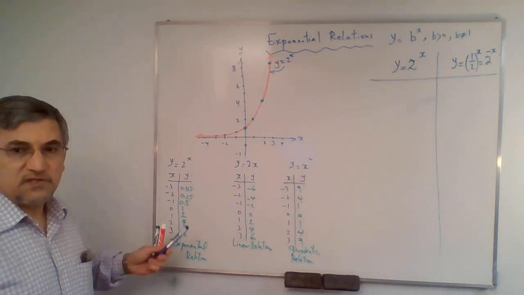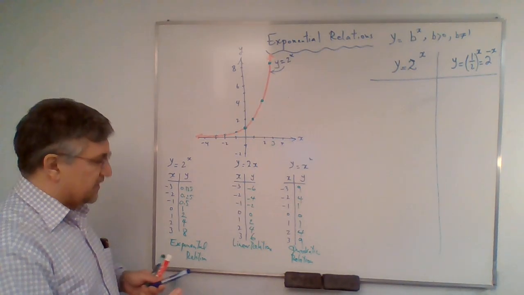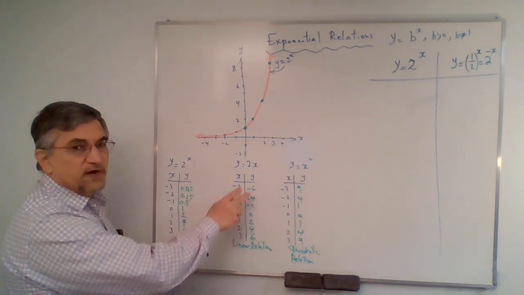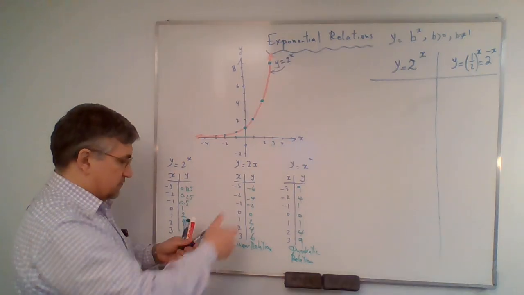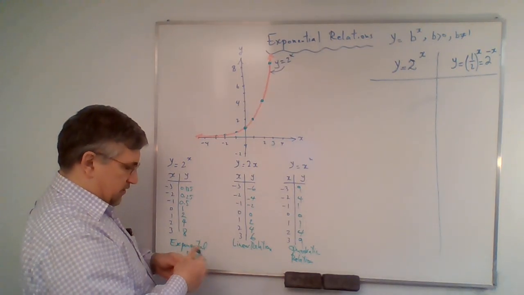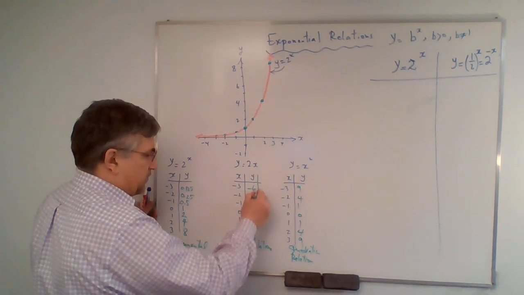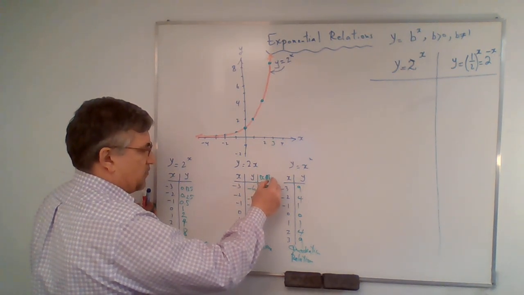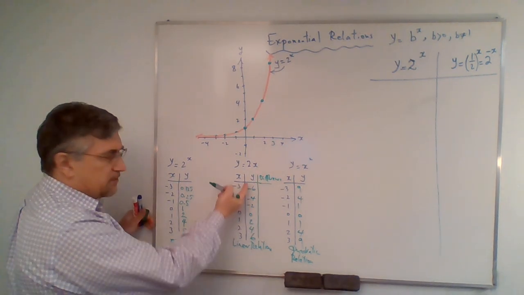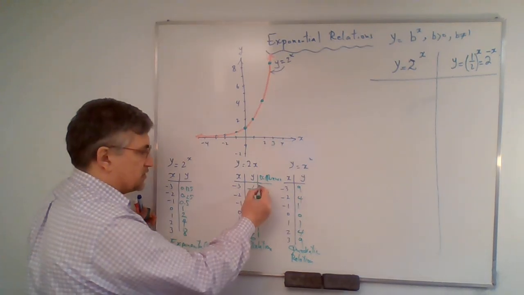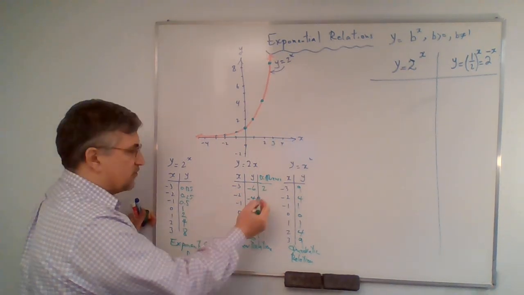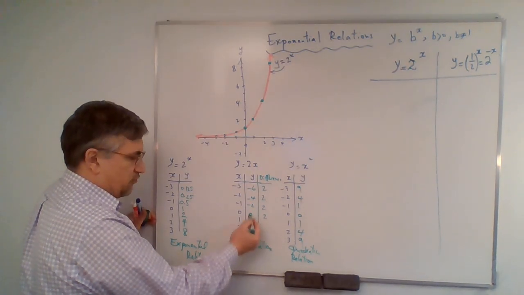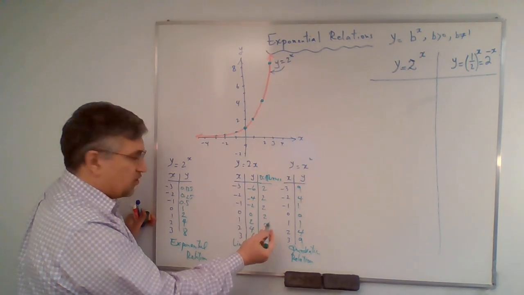About the properties of this exponential relation, we can say the following. If you remember, in linear relations, we used to find first finite differences. We used to add a column here, and we used to subtract the y coordinates to see what differences we end up with. So bottom minus top, -4 minus 6 was a 2, -2 minus 4 was a 2, 0 minus 2 is a 2, 2 minus 0 is a 2, 4 minus 2, 6 minus 4, all of these were 2.